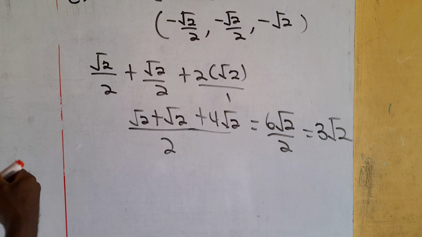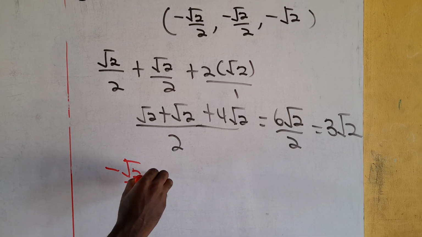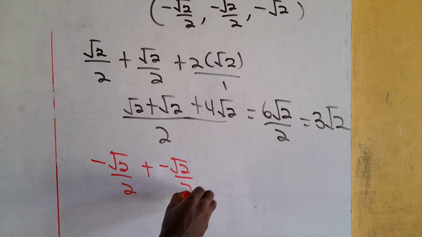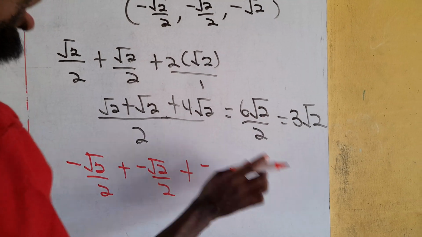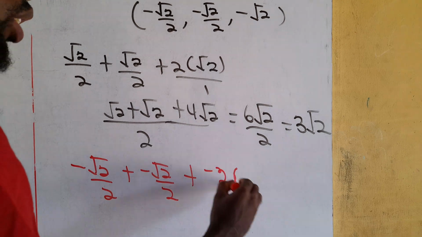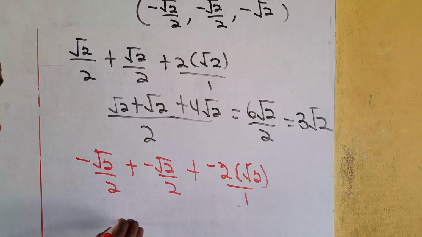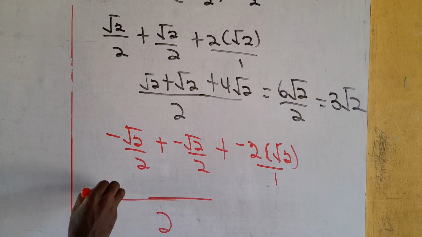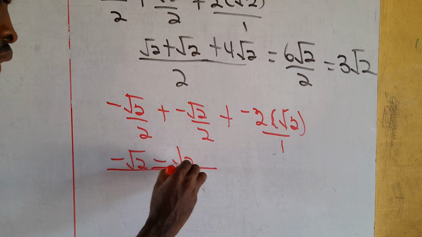Then the negative. You have negative root 2 over 2 plus negative root 2 over 2 plus 2 times negative root 2. Remember the LCM again is 2. So we have 2. 2 goes here 1, we have negative root 2. 2 goes here 1, minus root 2.